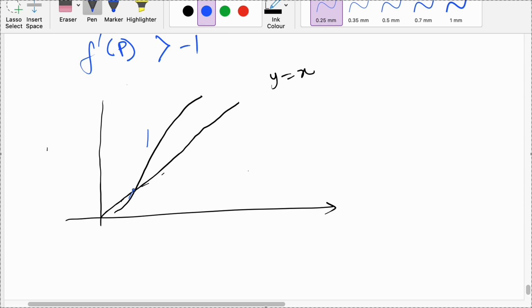So the tangent will look something like this. This is the tangent at this point. Suppose I am pretty bad at drawing.